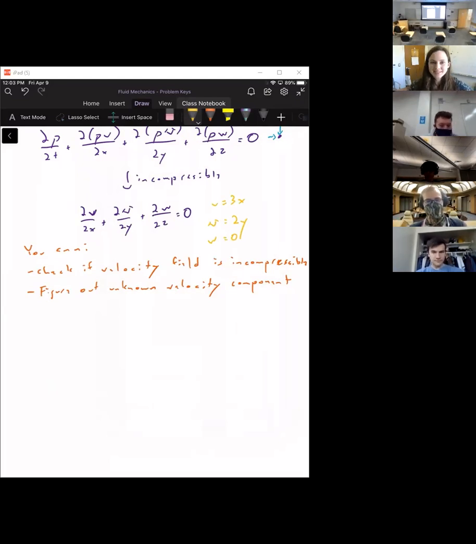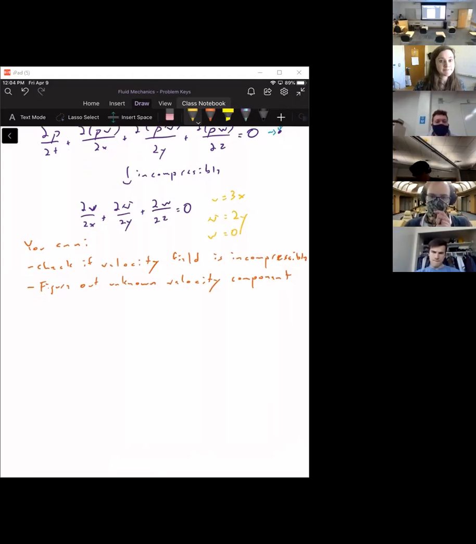What would you tell me? No, it's not. Why not? There's continuity. If you plug it in, it would be 5, because it would be 3 plus 2. It doesn't equal 0, which means that the mass flowing into a point is not equal to mass flowing out. So the density has got to be changing. That is what that would mean.